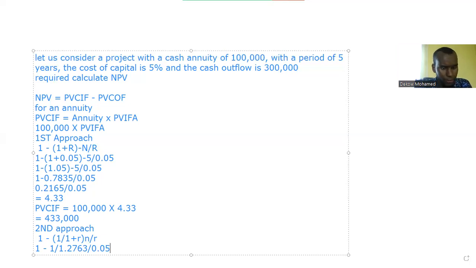Now, let me take 1 divided by 1.2763. I get 0.7835. This means I take 1 minus 0.7835, then we divide this by 0.05.